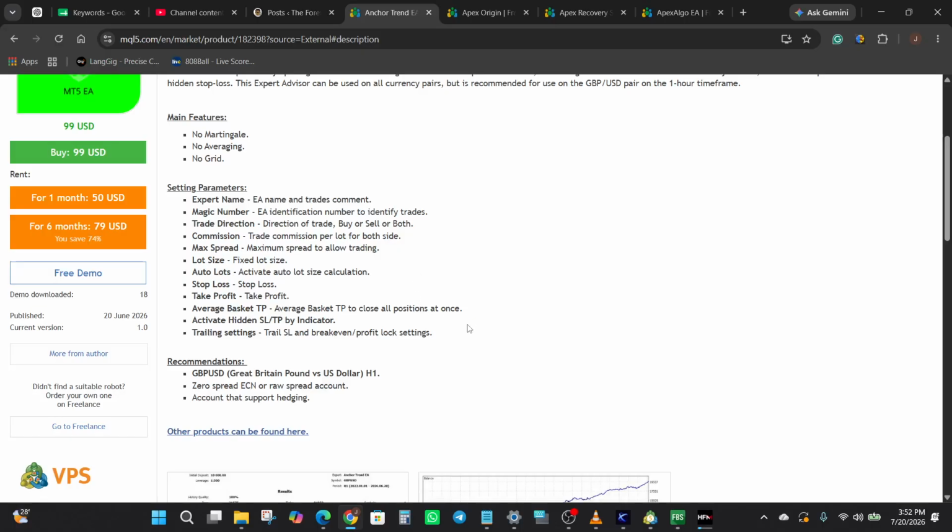All right. Now, the recommended setup calls for a zero spread ECN or raw spread account that supports hedging.